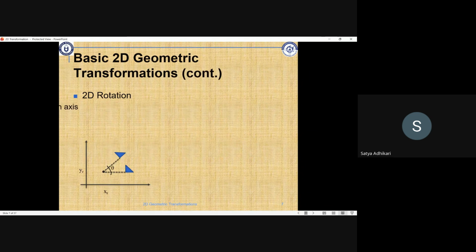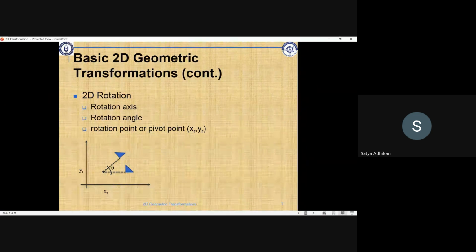Then rotation, we have already discussed in the previous class. This is rotation, and we need three things here: rotation axis, rotation angle, and rotation point, or sometimes it is known as the pivot point. This pivot point may be your origin 0 0 or any other point, let it be xr and yr.